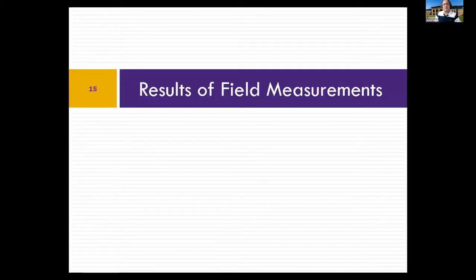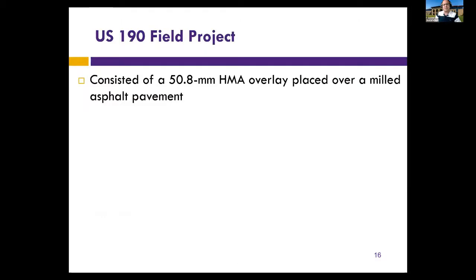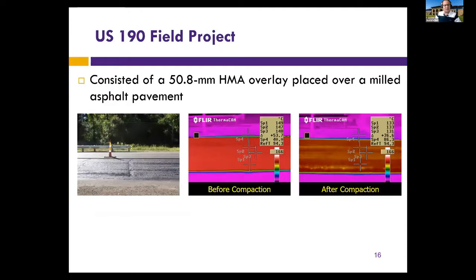So the result of the field measurement for the first project, which was placed over a milled surface. This is how the pavement looked, and you can see there is a big crack here in the visual picture. What we did is that we monitored the temperature at this particular location, and we also monitored away from the crack, and we compared the measurements on top of the crack and away from the crack.